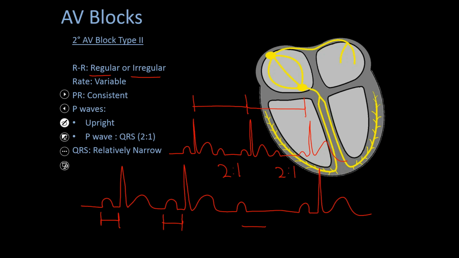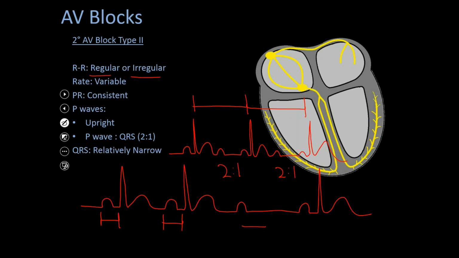Now, it's important to note that if you see a strip like this, you can't really tell if there was any lengthening prior to this happening. So if you see a patient that's in a consistent 2-to-1 AV conduction, there will be a number of cardiologists that would not consider that a true second degree type 2 because you can't see whether there was lengthening that built up to this.